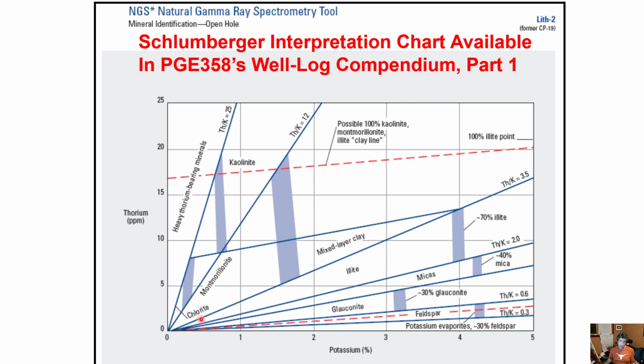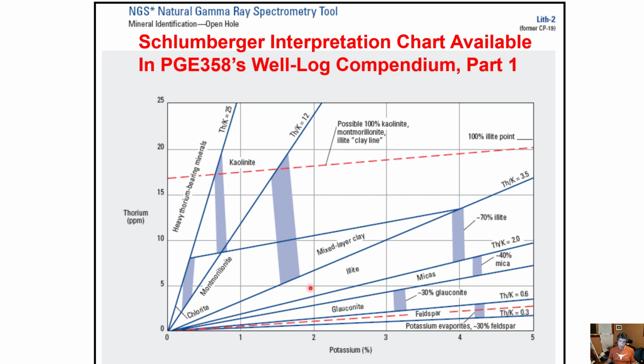Okay, here's what it means. When you take your point and you plot it, as I said before, the closer you are to the origin, the cleaner the rock is. But when the concentration of potassium or thorium begins to increase, the point gets farther and farther away, which means that the volumetric concentration of shale begins to increase.